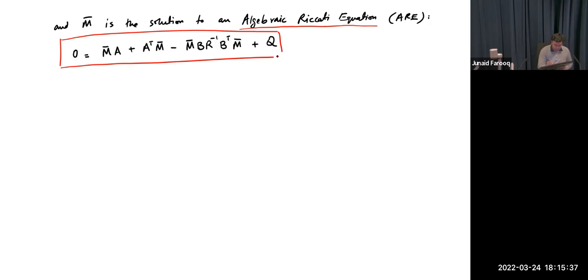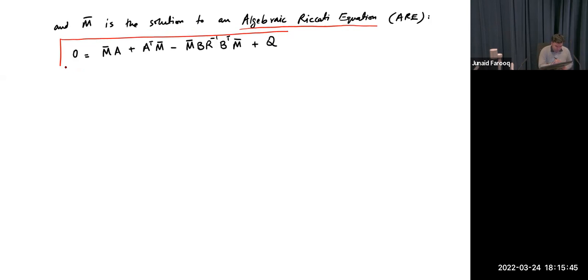Previously we had an M bar dot at the beginning here, so this is now a matrix of zeros.